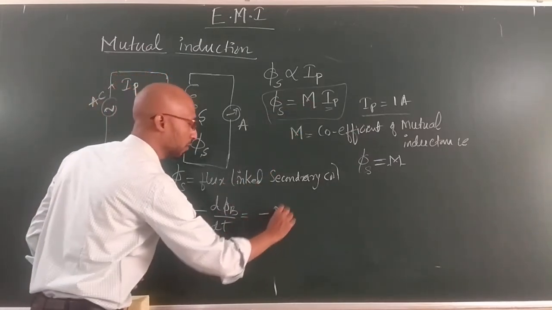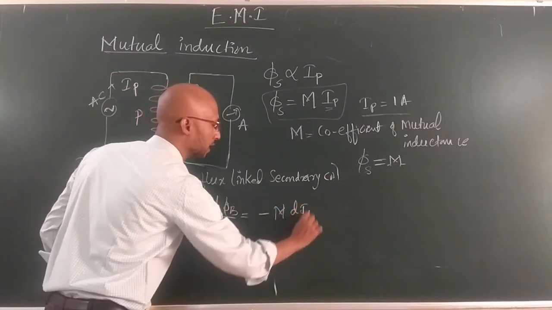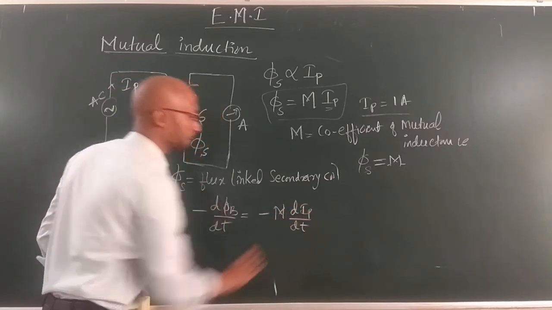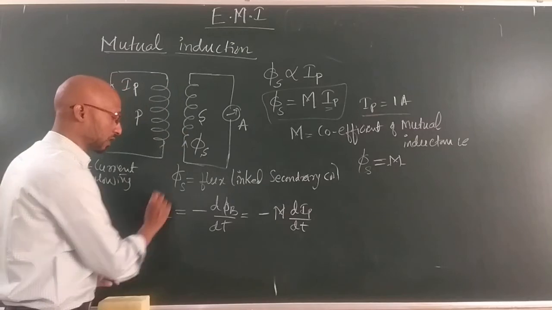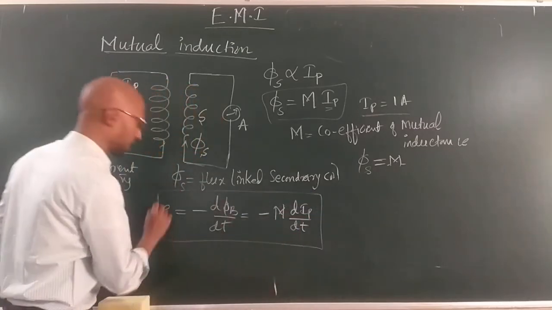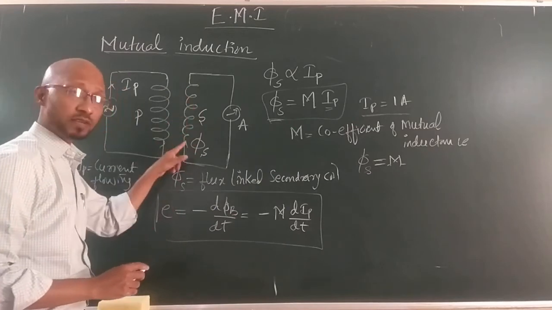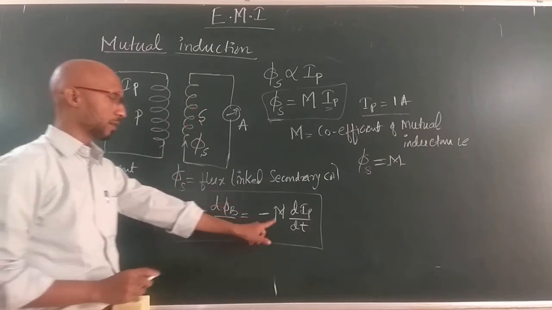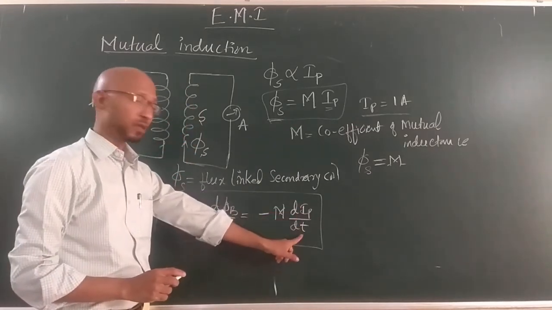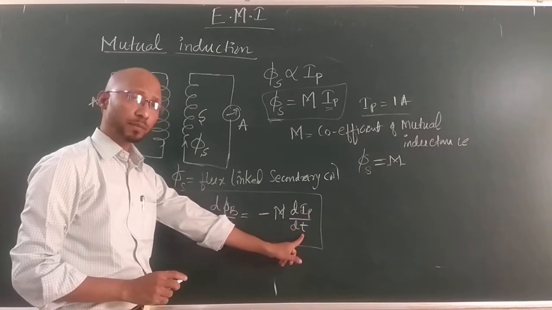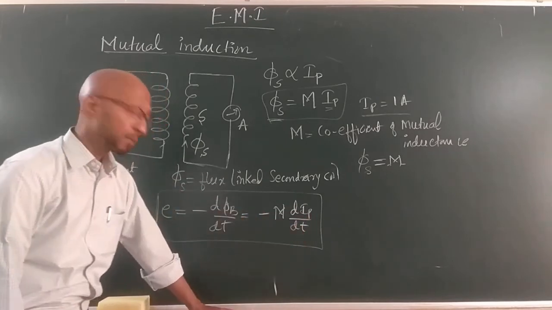If I substitute, it becomes M dIP by dt. This is the induced EMF. So the induced EMF in a secondary coil is minus M into dIP by dt, where dIP by dt is the rate of change of current flowing in a primary coil.